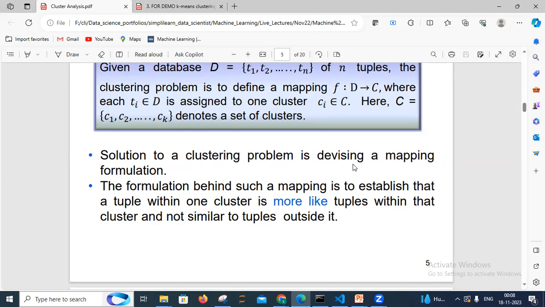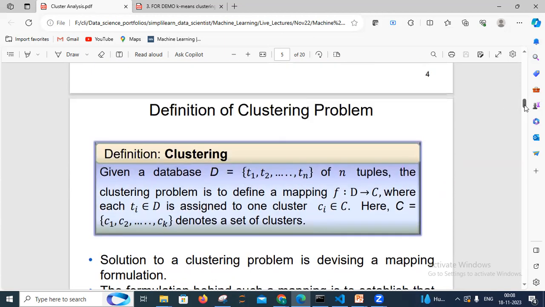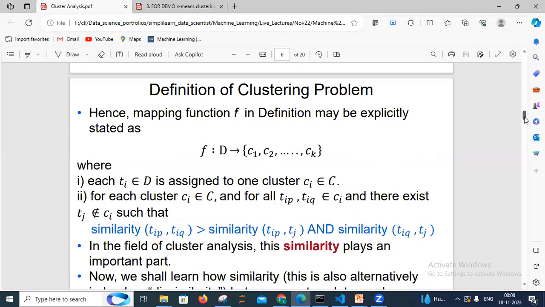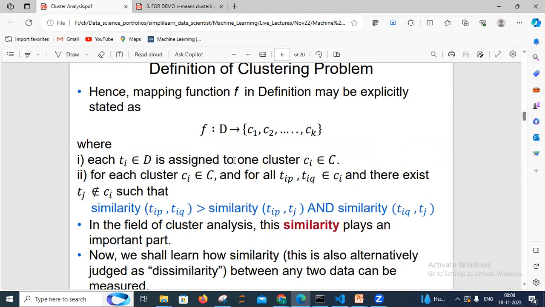The formulation behind such a mapping is to establish that a tuple within one cluster is more like the tuples within that cluster and not similar to tuples outside it. In this way we define the cluster mechanism, and we can add some kind of dataset and calculate the clustering algorithm problems, right?